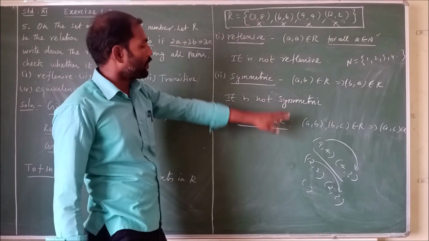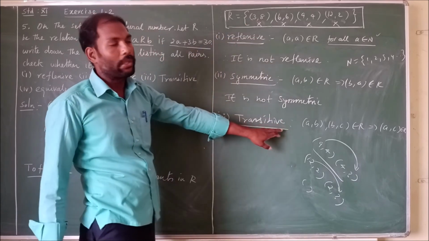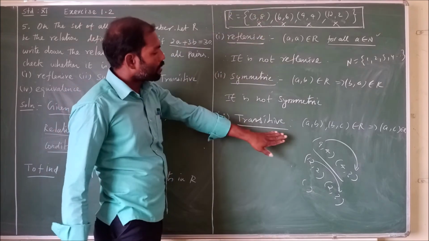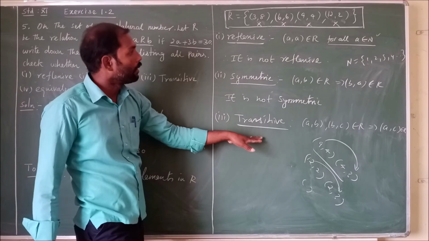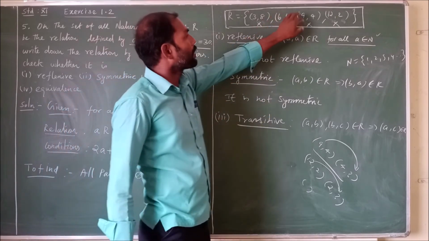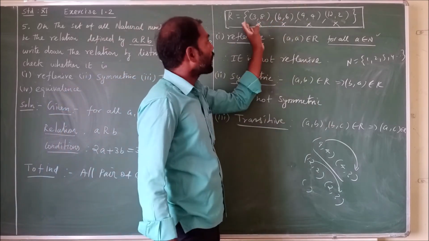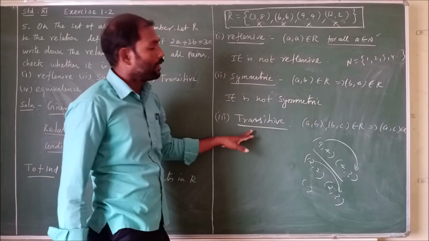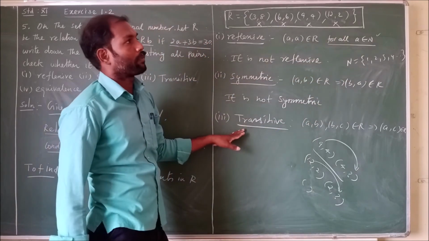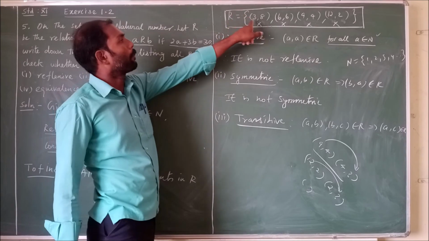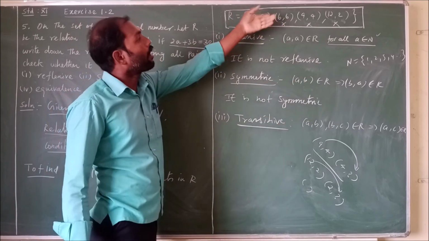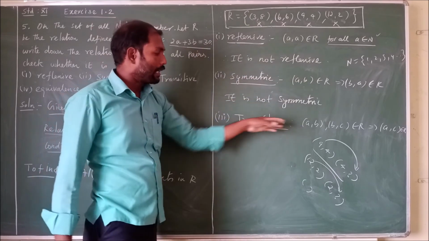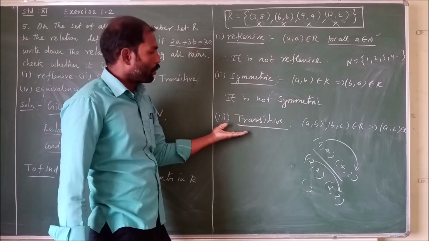All pairs satisfy this condition: it is called transitive. All pairs do not satisfy this condition: it is also transitive. But if any one pair satisfies this condition and another pair does not, it is not transitive.